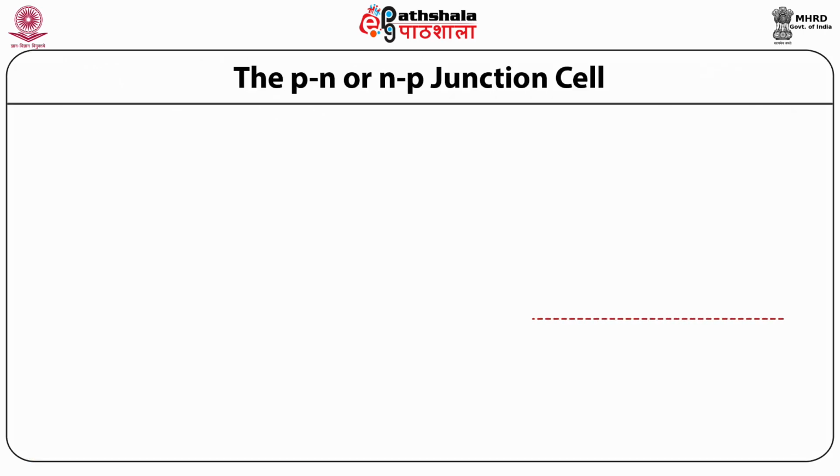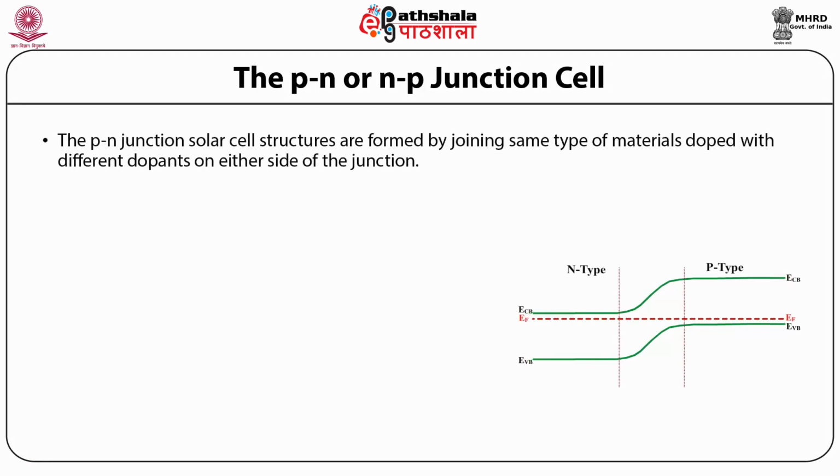The PN or NP junction cell: PN junction solar cell structures are formed by joining the same type of material doped with different dopants on either side of the junction. The characteristic and the energy band diagram of a PN junction is shown in the figure.